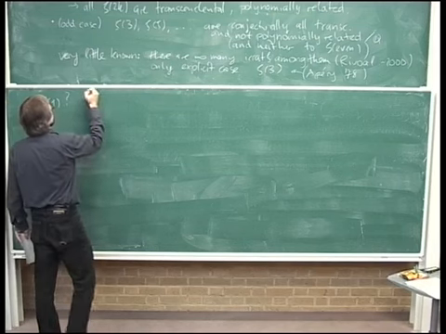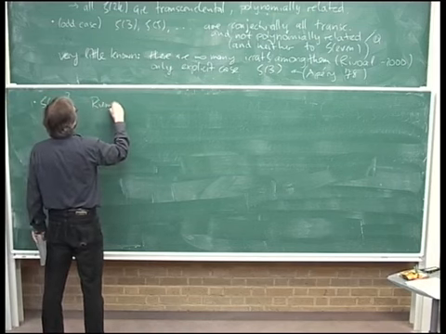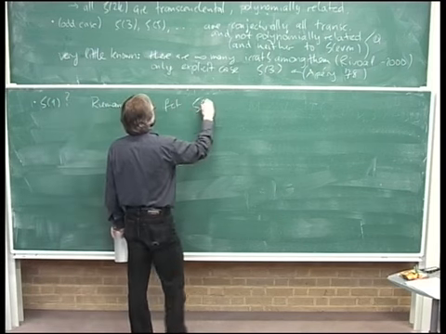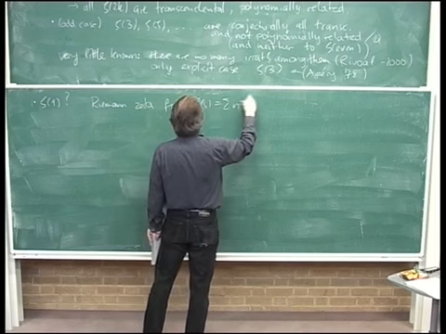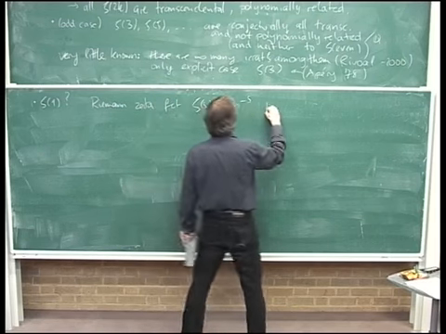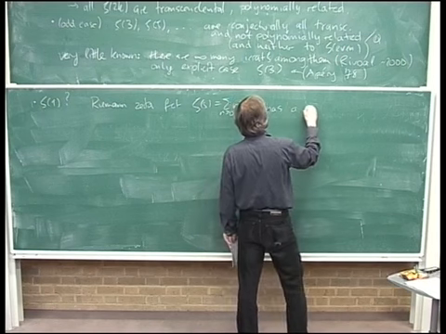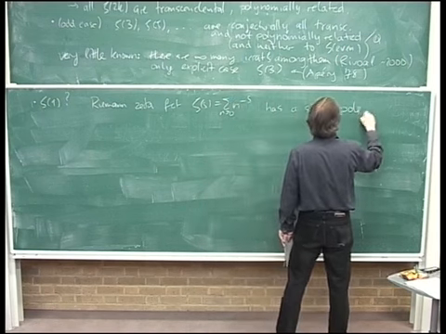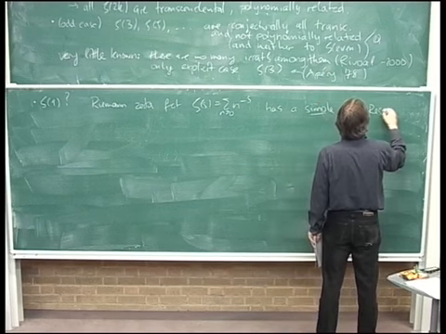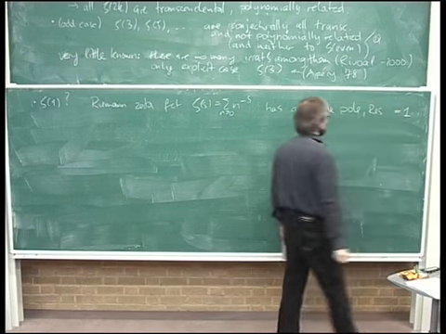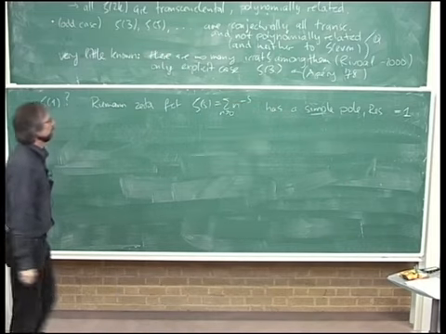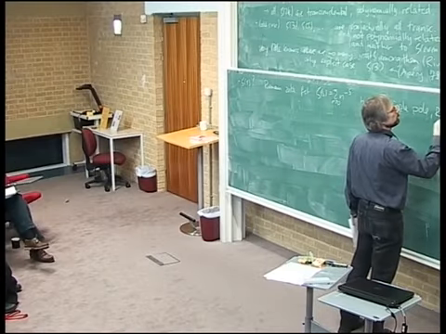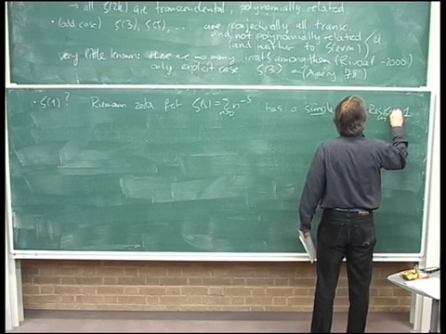So the Riemann zeta function zeta of s has a simple pole at s equals 1 with residue equal to 1.